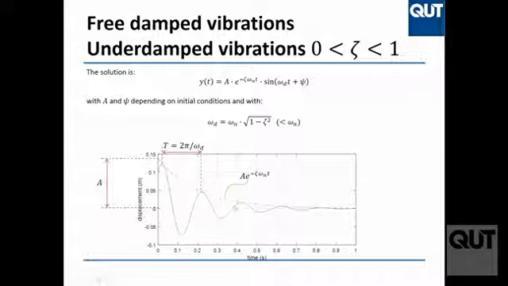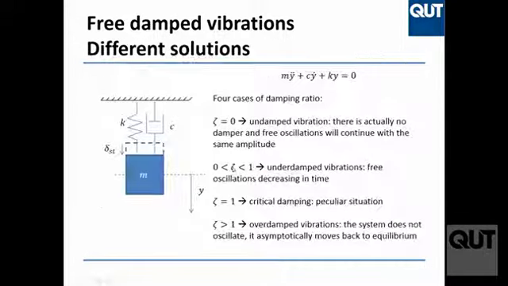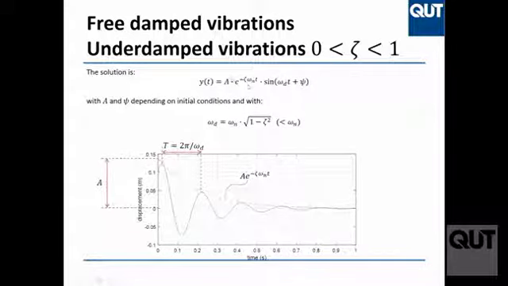Okay. So in case of zeta between 0 and 1, when I have underdamped vibration, so vibrations decreasing in time, this is the equation. It's a bit more complicated than before. You remember before we had A and a sine wave. That means the sine wave will live forever. That's the case without damper.